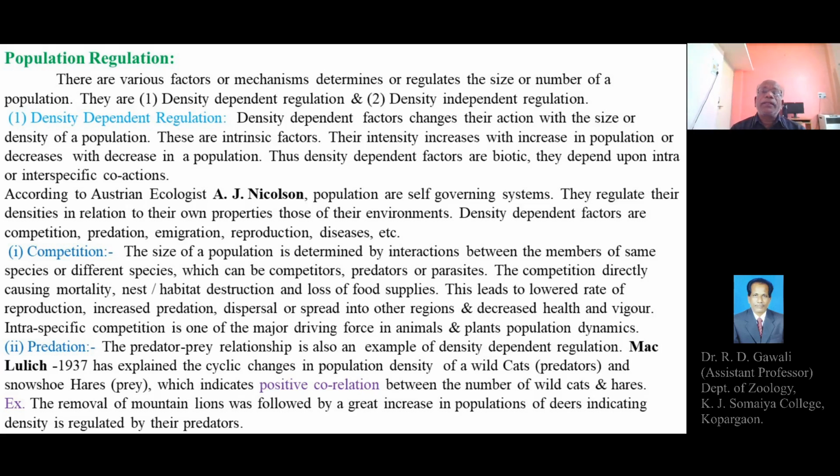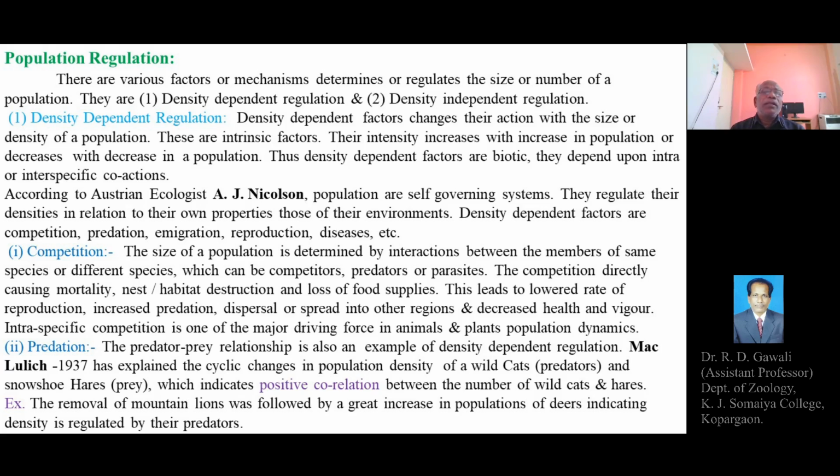There are various factors, or mechanisms, or activities, which determine or regulate the size or number of a population, and they are divided into two categories.